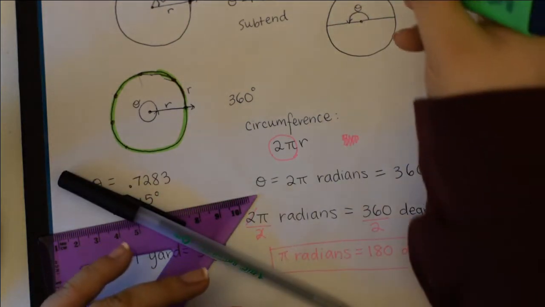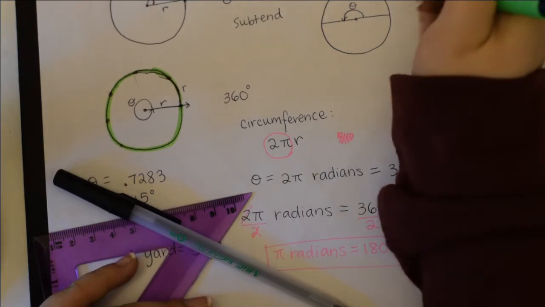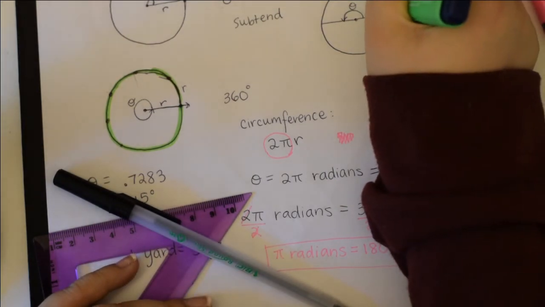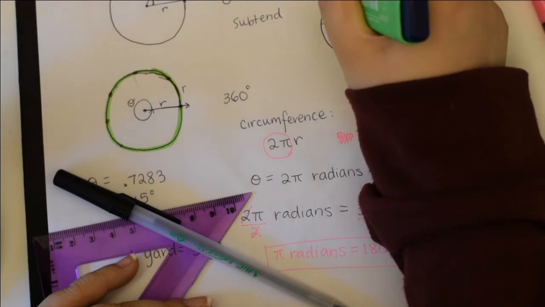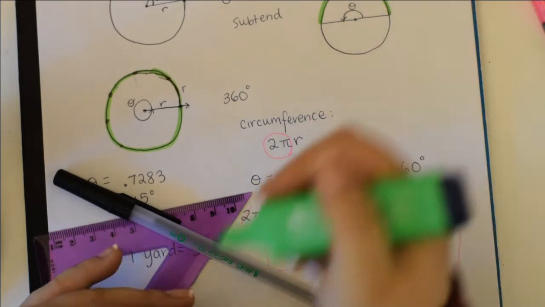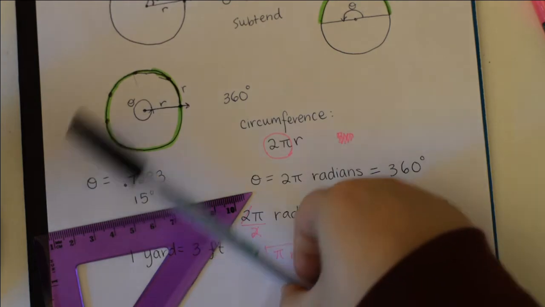But then the question would be how many R's am I traveling to go halfway around the circle?